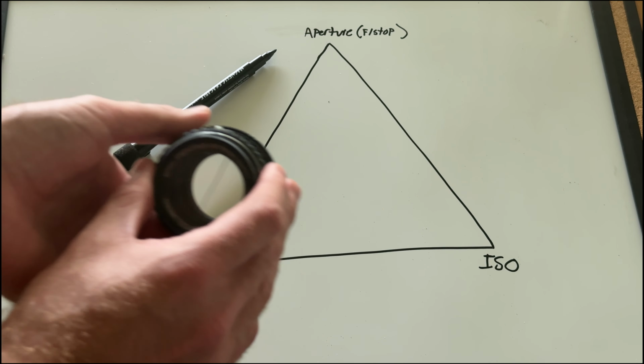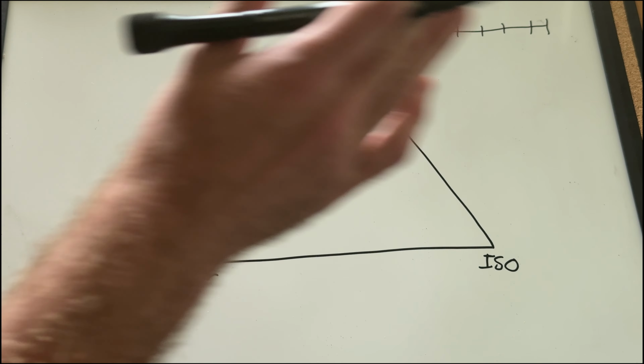So, how does aperture work? Well, let me lay it out for you this way. Aperture is usually laid out in a series of numbers. In fact, you can see, at least I hope you can see, some of those numbers here on my lens. An aperture goes from a low number to a high number.